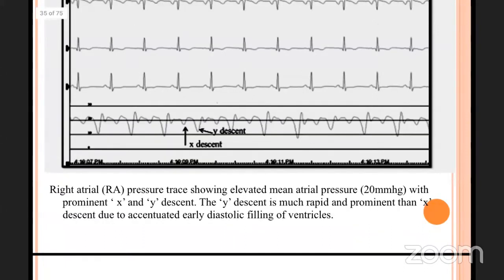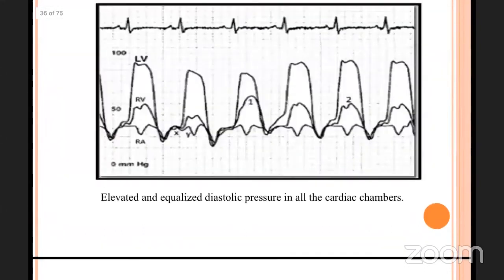Now, this point we will probably come back to: being enclosed in a thick, rigid, calcified pericardium, all the pressures in diastole are almost equal. Right atrial mean pressure is equivalent to right ventricular end diastolic pressure, equivalent to left ventricular end diastolic pressure, equivalent to LA mean pressure.